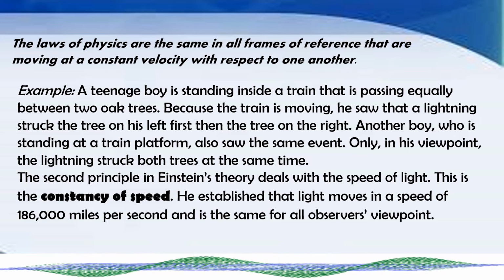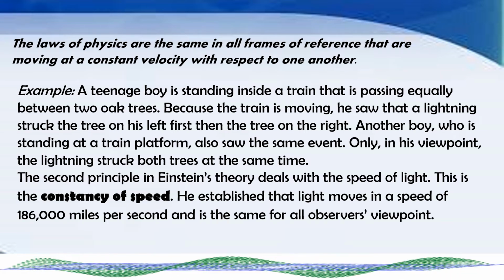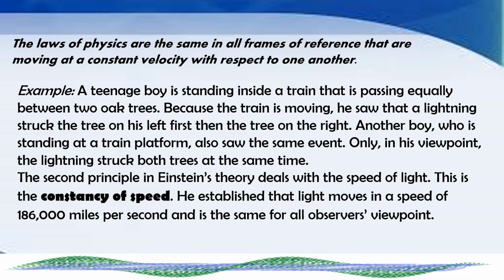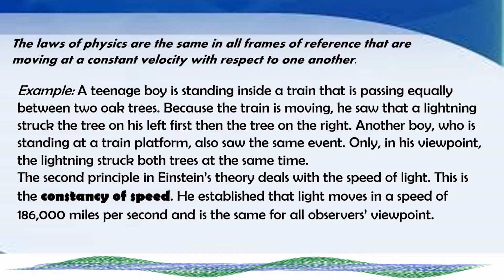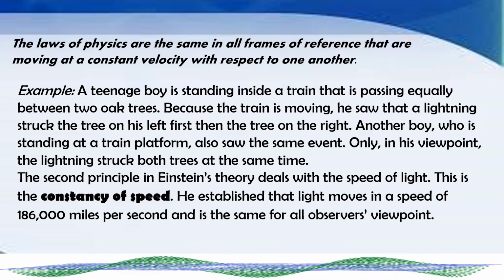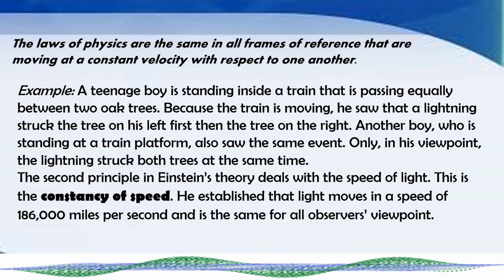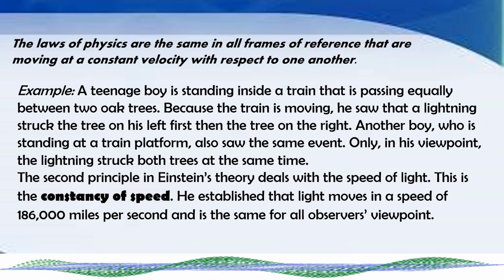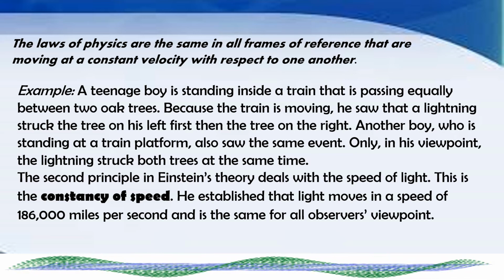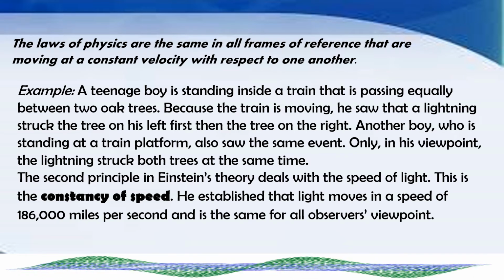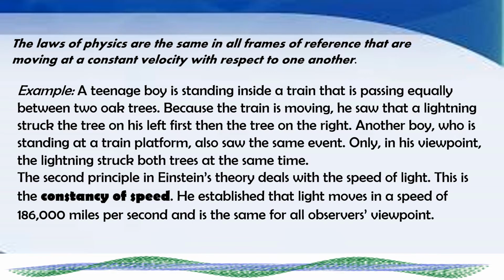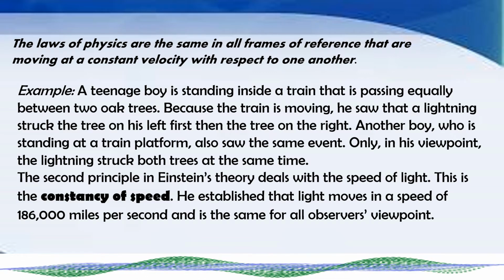Because the train is moving, he saw that lightning struck the tree on his left first, then the tree on the right. Another boy who is standing at a train platform also saw the same event. Only in his viewpoint, the lightning struck both trees at the same time.